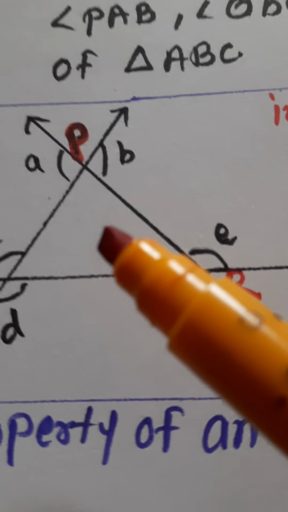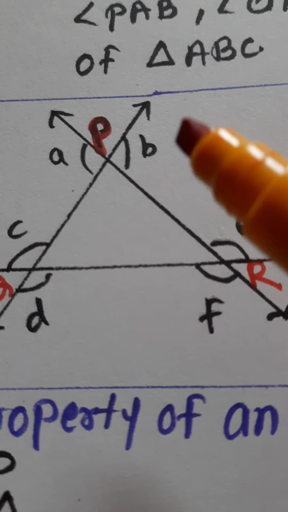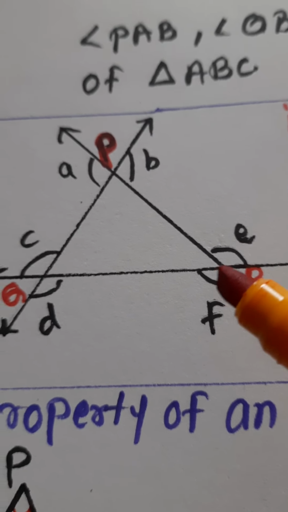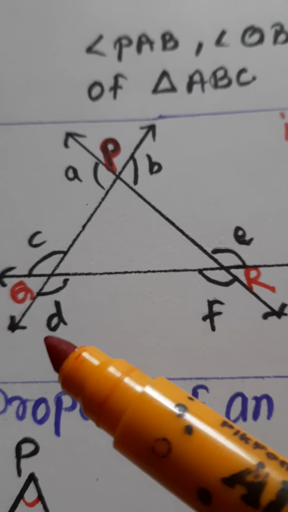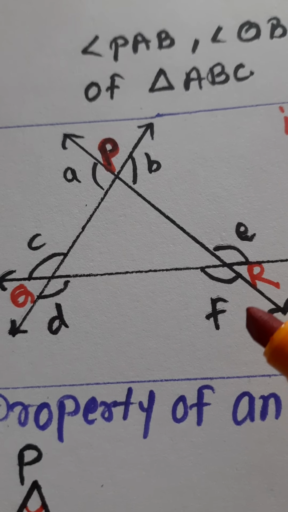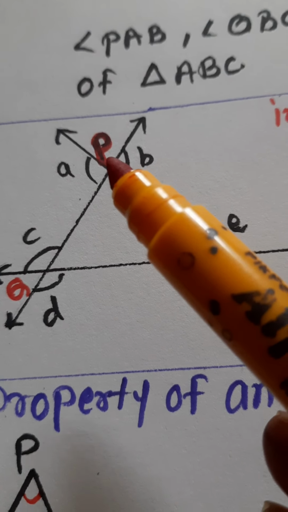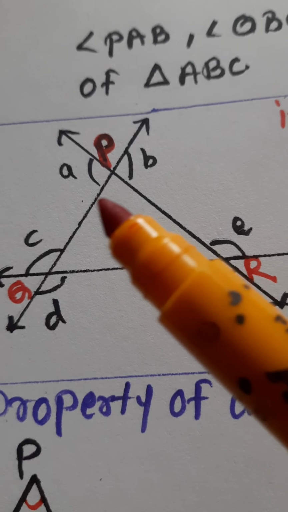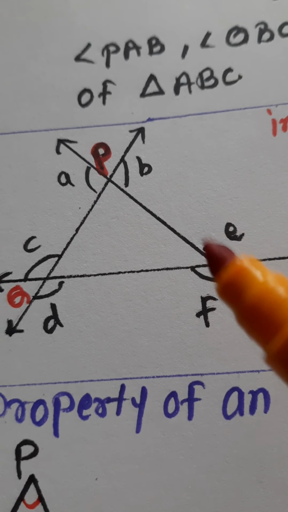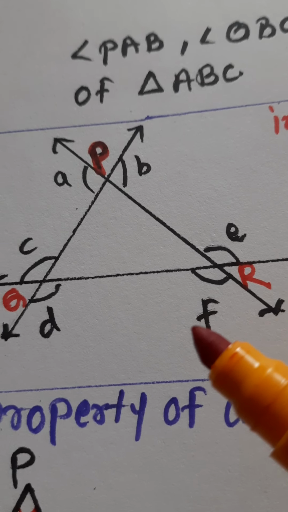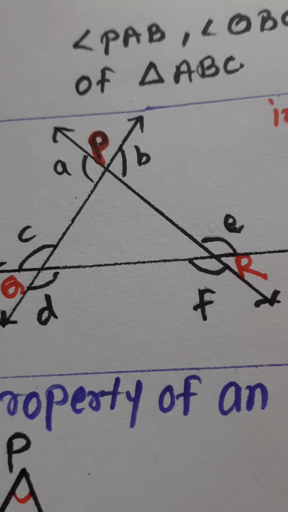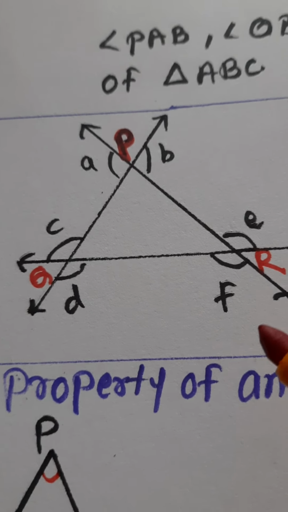Next, here I have drawn a triangle, and when I extend all the sides, they make the exterior angles that I have shown, AB, CD and EF. Observe this triangle PQR. In this triangle PQR there are 6 exterior angles, and keep it in mind, in every triangle there are 6 exterior angles.